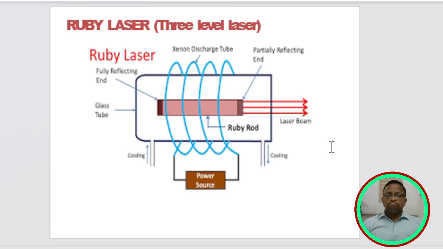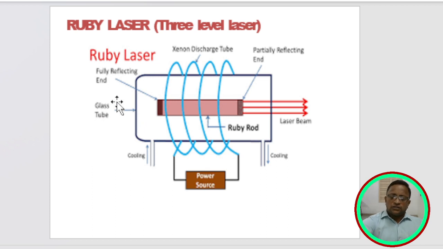The first one is the ruby laser. It is an example of a 3-level laser system. The block diagram of the ruby laser is shown in the slide. A ruby is nothing but a rod made of aluminium oxide, Al2O3.